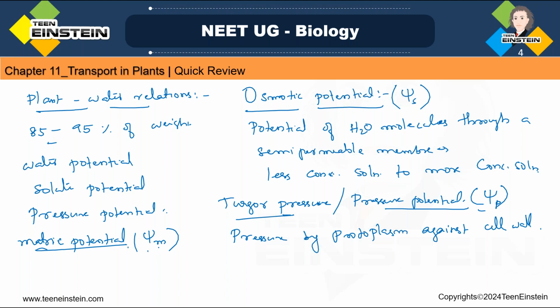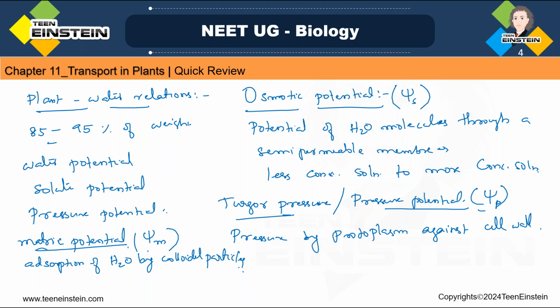This is an expression of adsorption of water by colloidal particles, or we can say adsorption of water on the surface in plant cells. So that is called matrix potential.